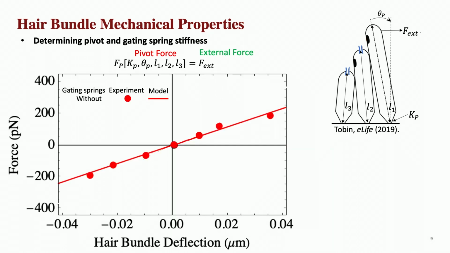And here is the plot which shows the agreement between the experimental data and our model. The red dots correspond to the experimental data from Tobin's paper, and the continuous red line indicates the fit from our model.